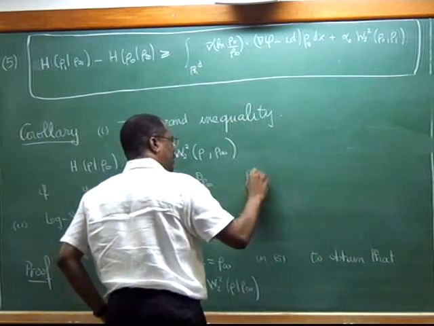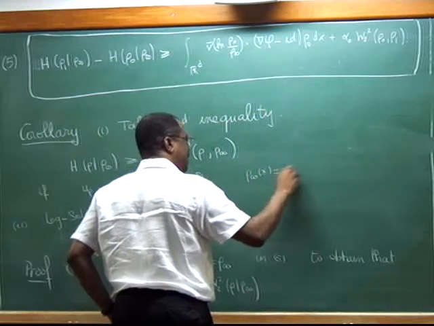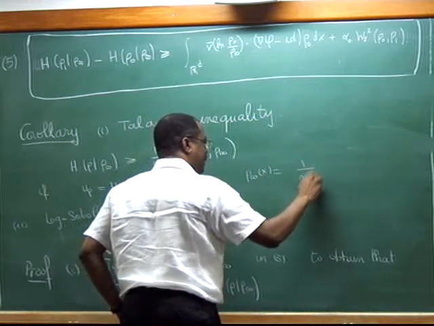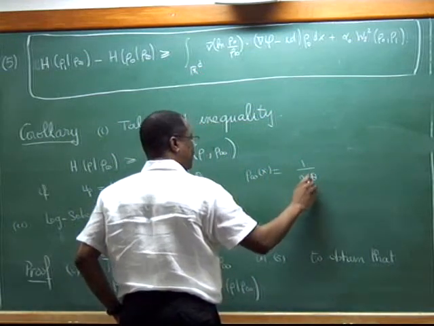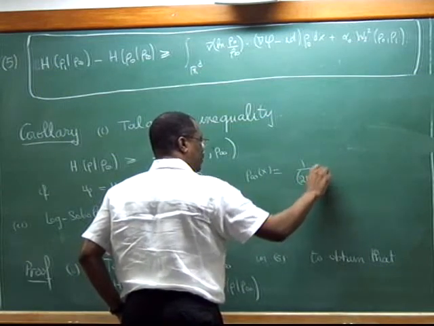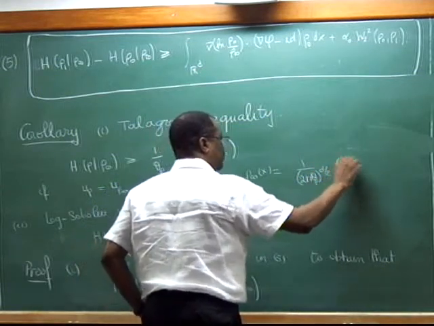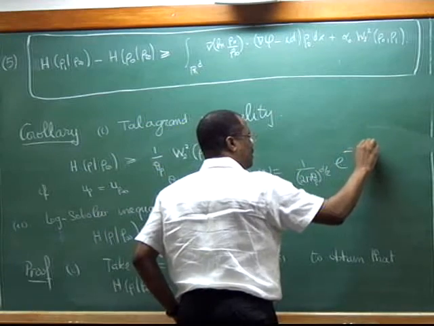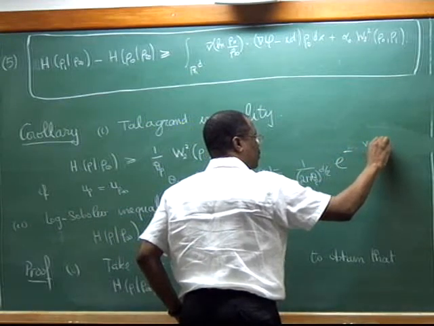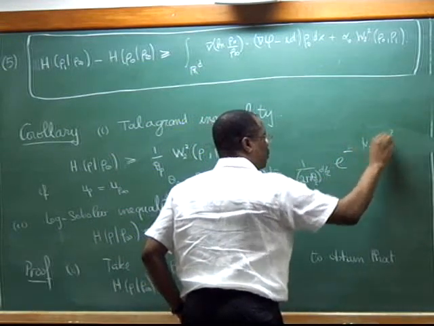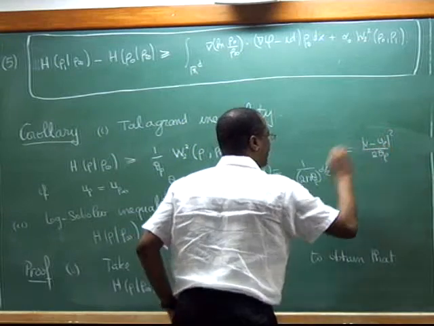Rho infinity of x is 1 divided by (2 pi theta rho) to the d over 2, times the exponential of negative |v minus u rho| squared over 2 theta rho.